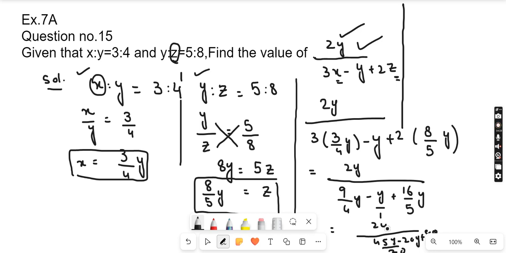And in the numerator this is the same one, 2y divided by 80. You can use your calculator or you can do it manually.